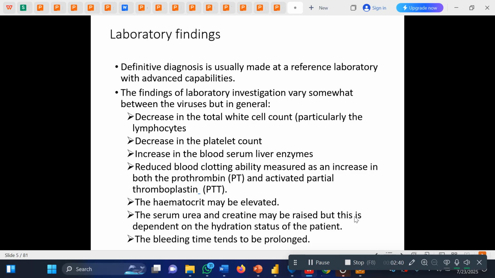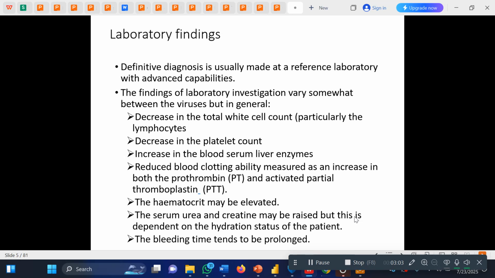Now, for diagnosing viral hemorrhagic fever, a definitive diagnosis is usually made at a reference laboratory with advanced capabilities. The findings of laboratory investigation vary between viruses, but in general there is a decrease in total white blood cell count, particularly the lymphocytes, and a decrease in the platelet count.